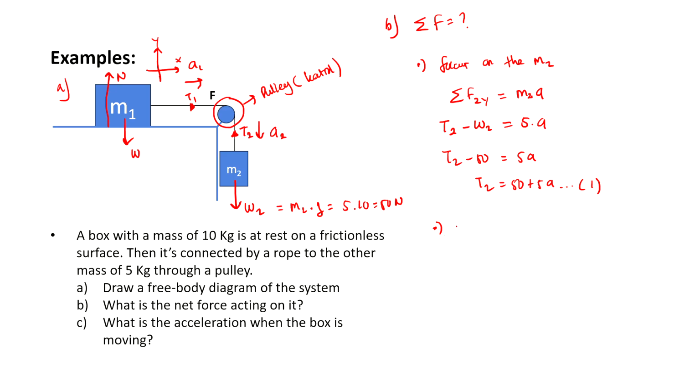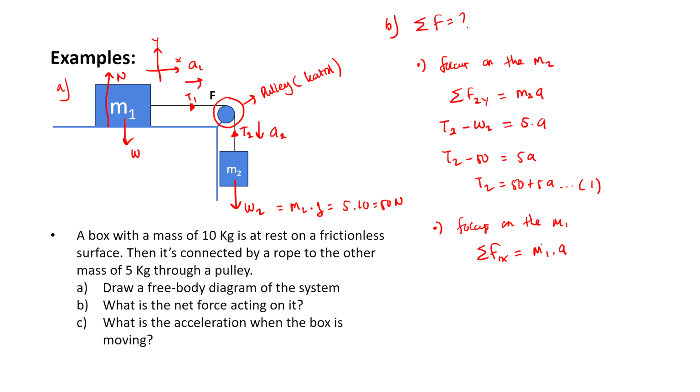Then, for the second focus, we can look at M1. Because the motion in this box is just directed along the x-axis, we can only focus on the x-axis, so it's F1x equal to m1 times a.